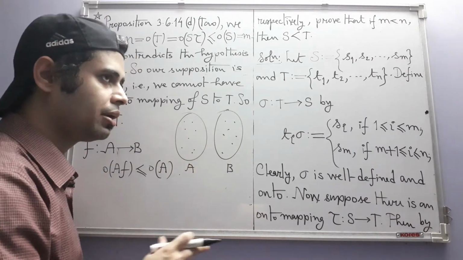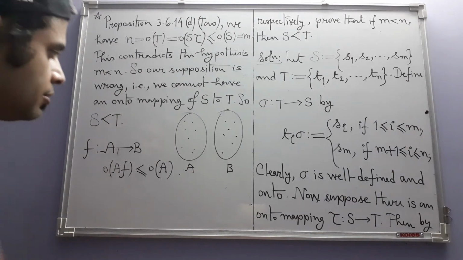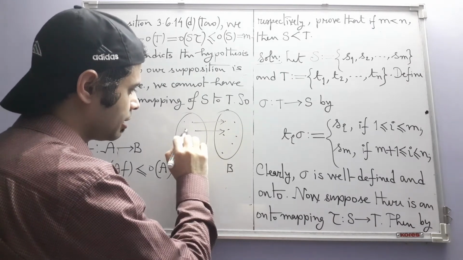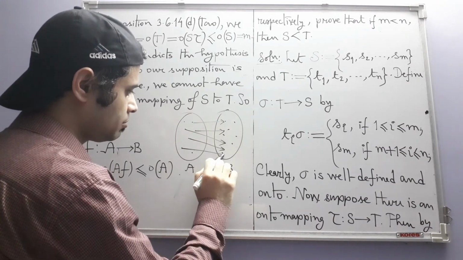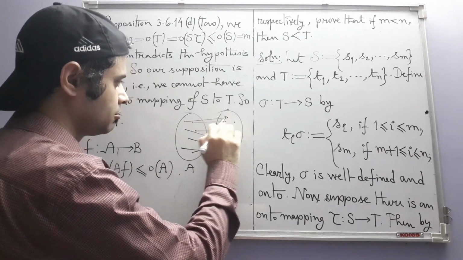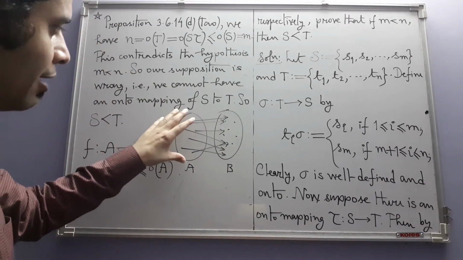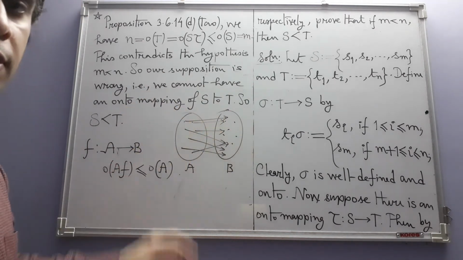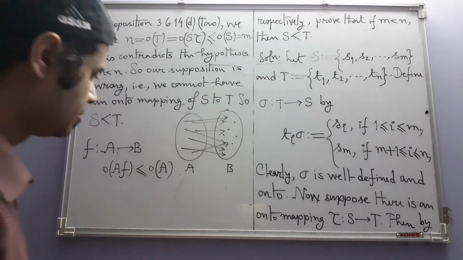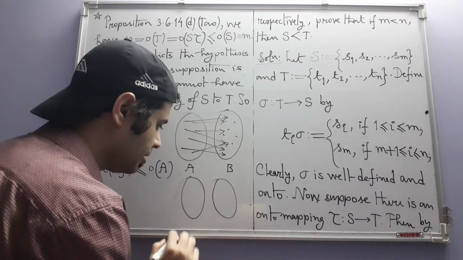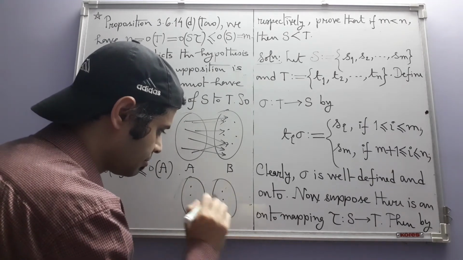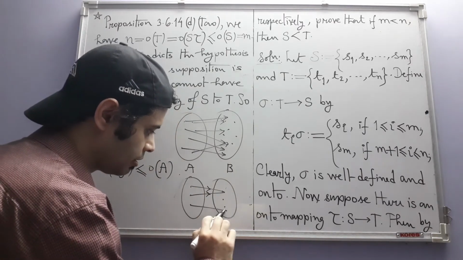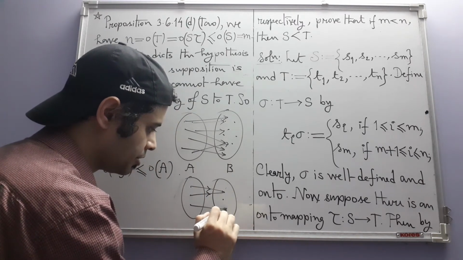Now the mapping may or may not be one-to-one. What happens when we have a one-to-one mapping? All the images are distinct. So you have as many images in B as you have elements in A. There is no collapse. In a many-to-one mapping, something like this can happen. Say I am mapping both these elements onto one element, and here I am mapping this element onto this element.